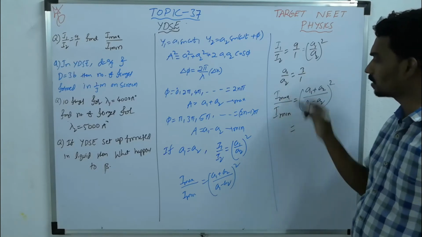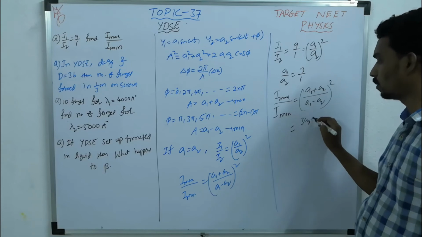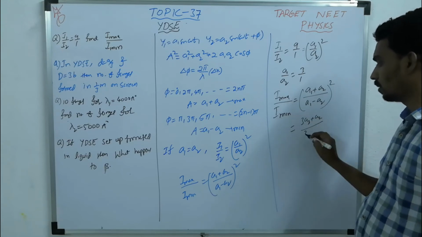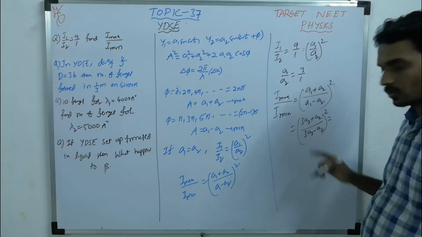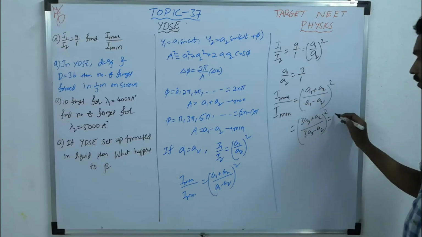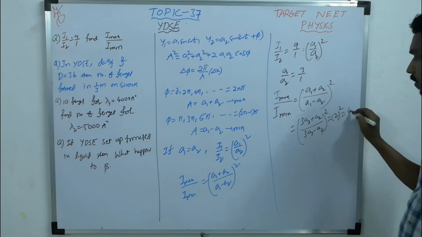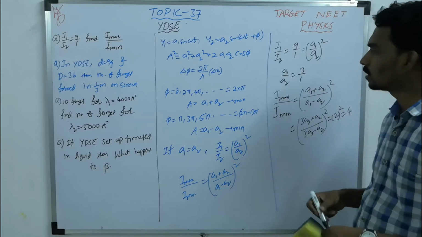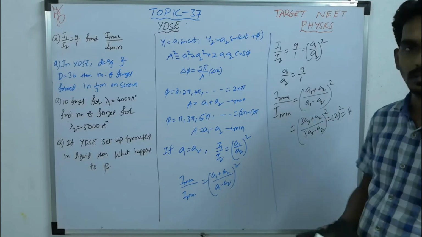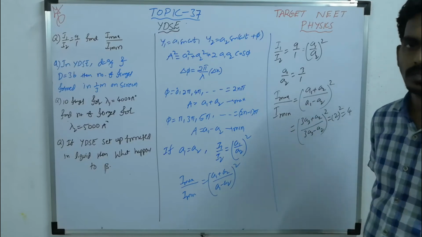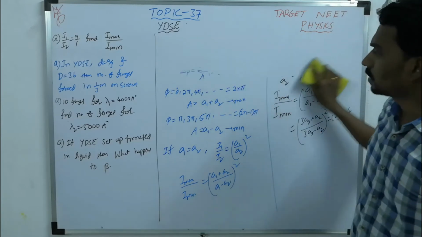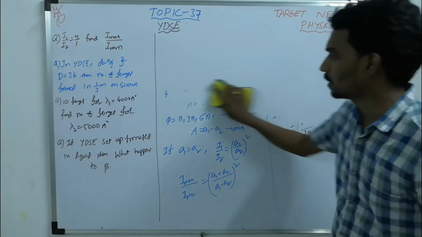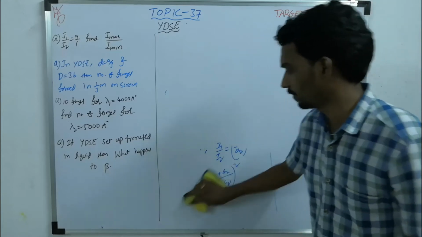From here A1 is 3A2. So 3A2 plus A2 by 3A2 minus A2 whole square. So 4A2 by 2A2, so 2 square, how much will come? 4. So this kind of simple question they can ask you as a first possibility, about superposition or based on maximum and minimum intensity.